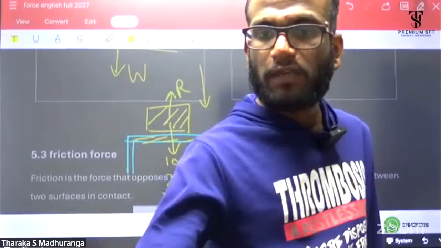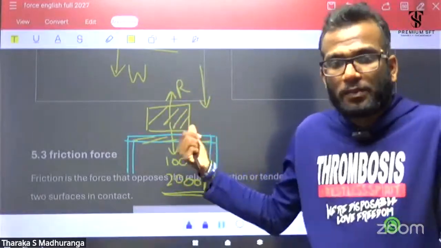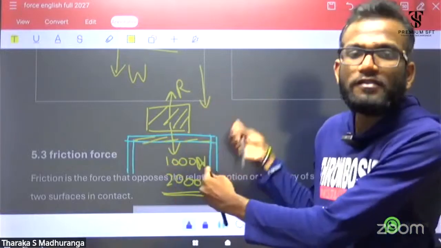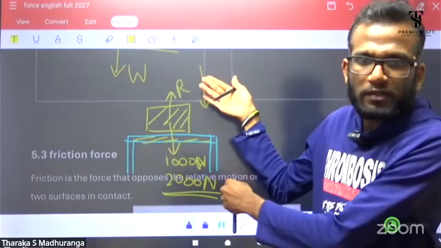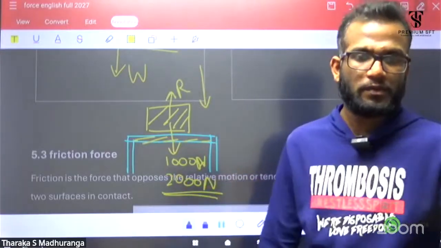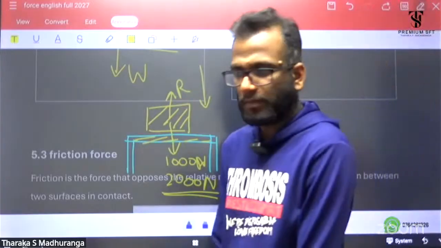The table cannot give that much perpendicular reaction. Then what happened? The weight is greater than the perpendicular reaction. Unbalanced force, it breaks down. It breaks. Okay, that's the story.